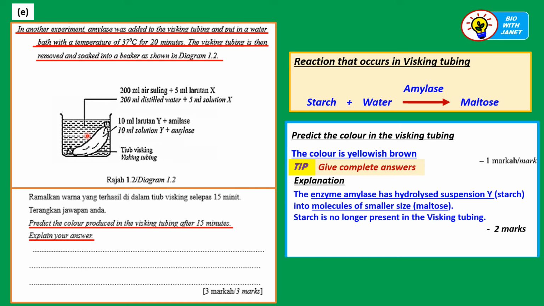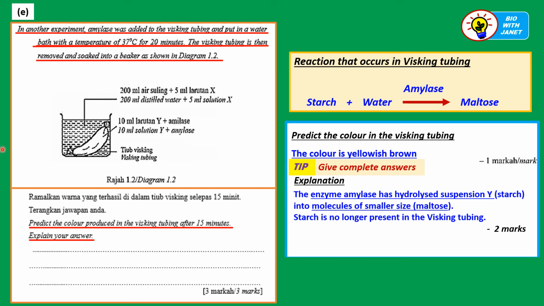So even though iodide ions or iodine molecules diffuse into the Visking tubing, there is no reaction with starch as the starch is absent. So the color of the iodine solution, or the iodide ions and iodine molecules there, will be yellowish brown as in the original condition.